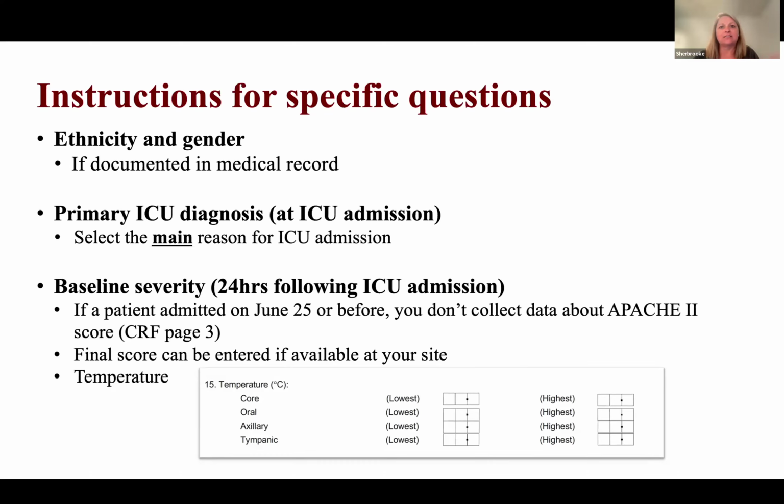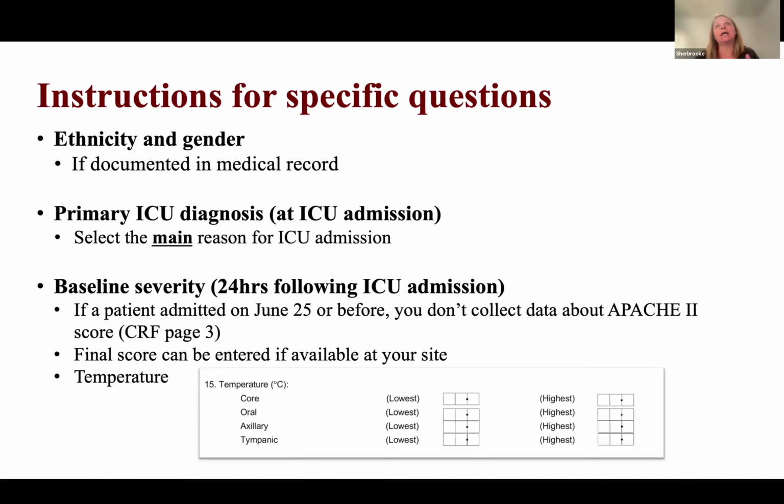In all the other cases where it's at least 24 hours, before the day of data collection at 9, you really take the 24 hours window from ICU admission, unless the patient was admitted on June 25 or before. Since it's like 7 days before, we don't ask you to collect data about APACHE.